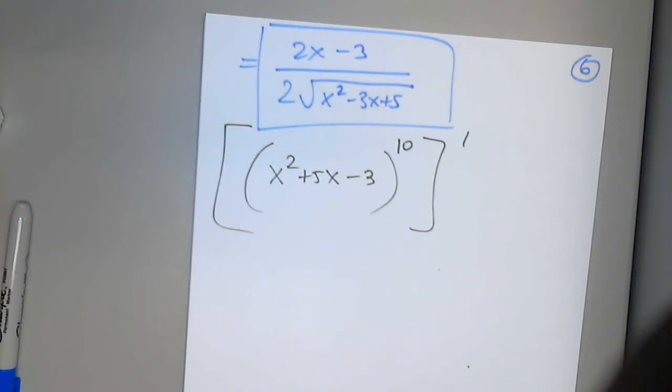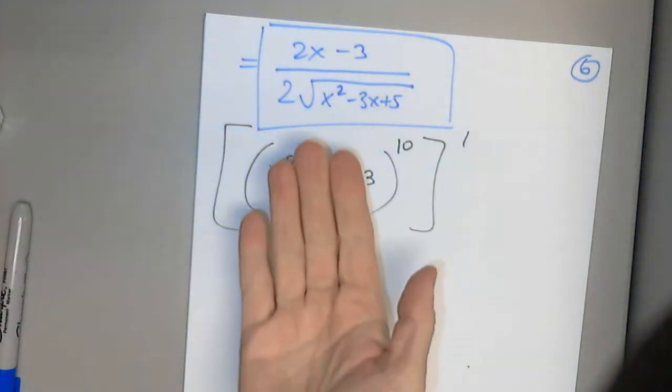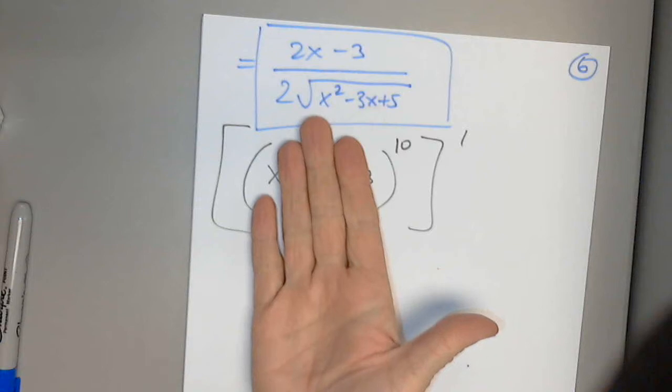Can anyone tell us which one is the inner function? Inner function that we evaluate first. X squared plus 5x. What is the outer function that we evaluate second? 10. Good.